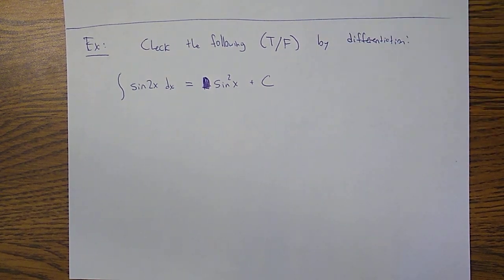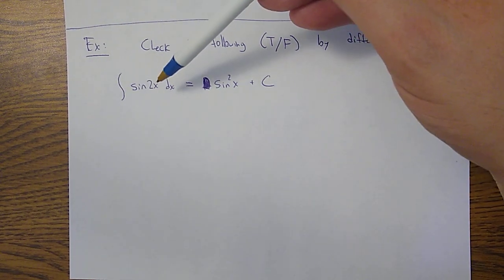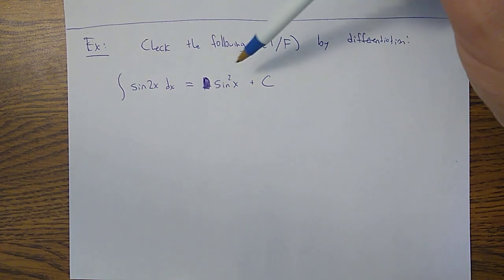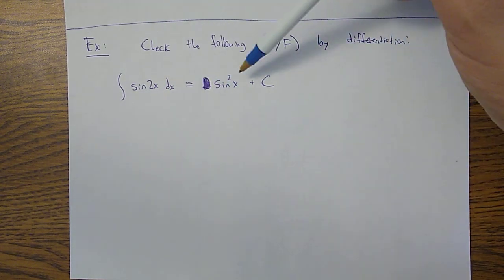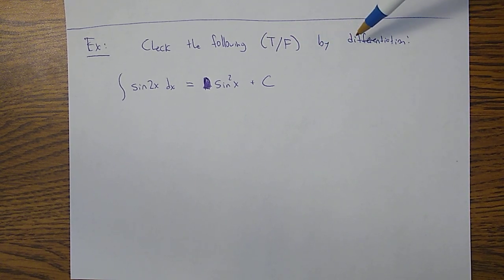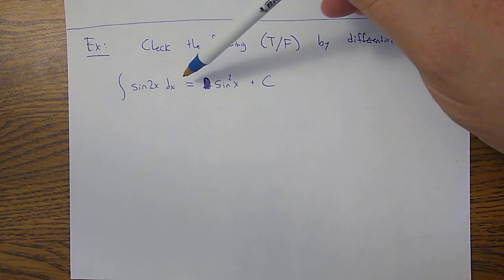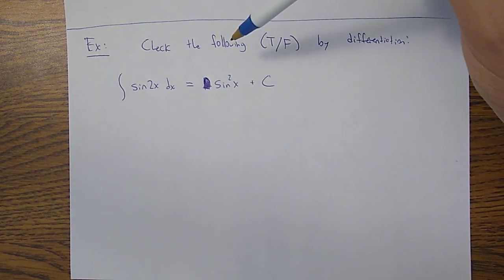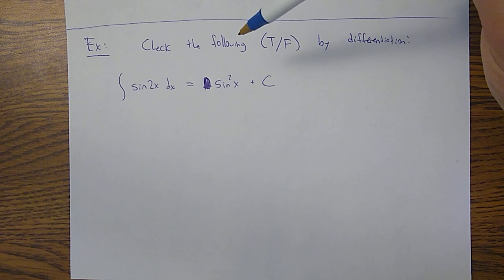Then there are examples where on the online homework they'll give you an equation and then you'll have to check whether it's true. It's either true or false. And you want to check it by differentiation because you're not going to get something that you can check using the table.